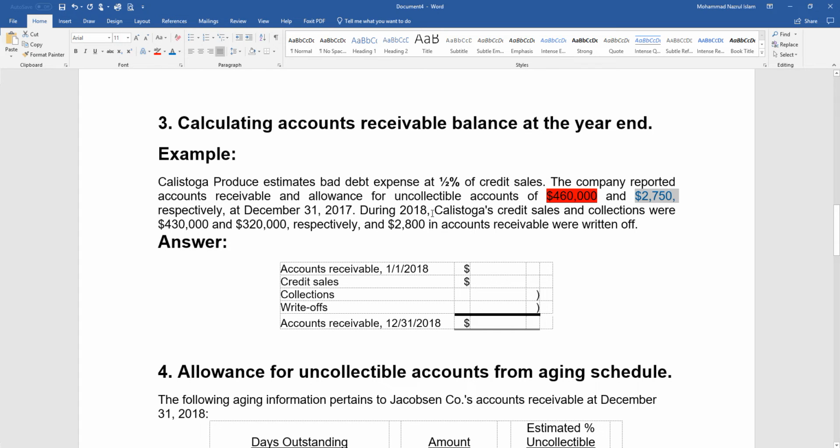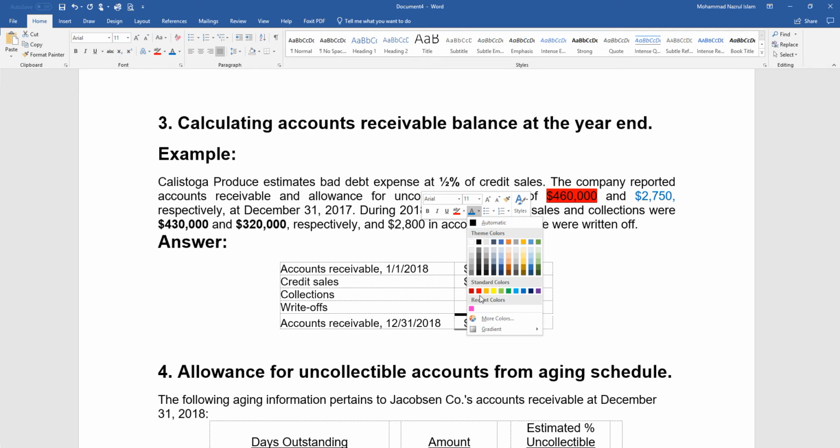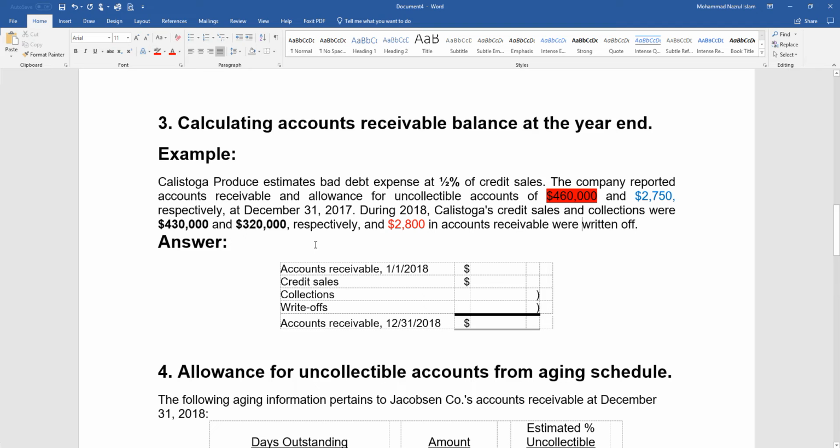During 2018, the company's credit sales and collections were $430,000 and $320,000 respectively, and $2,800 of accounts receivable were written off. Can you see that? So what is the balance of accounts receivable at the year end?